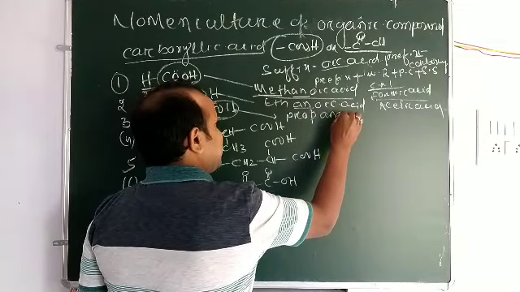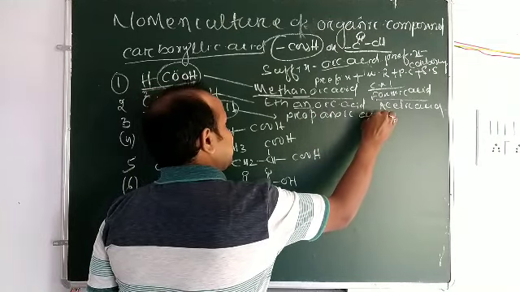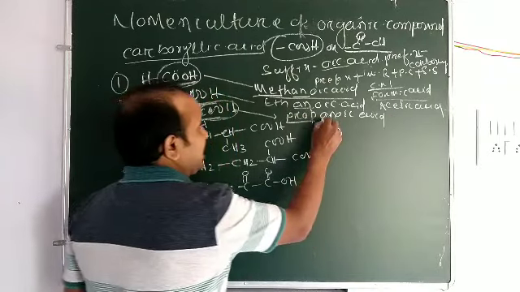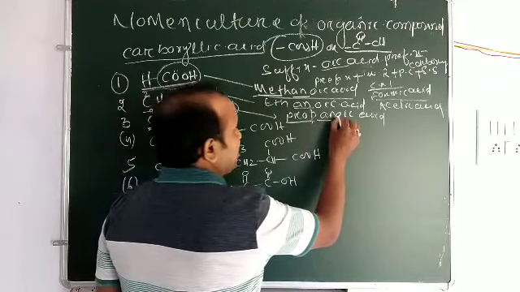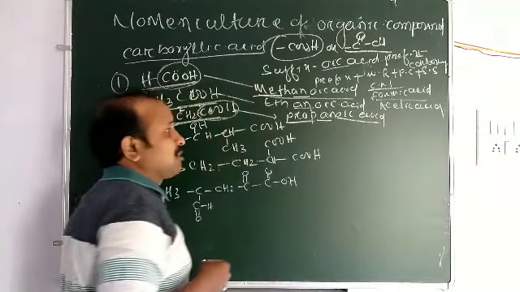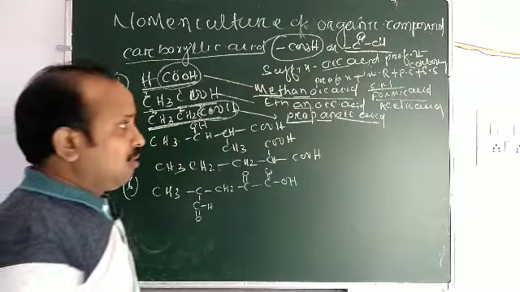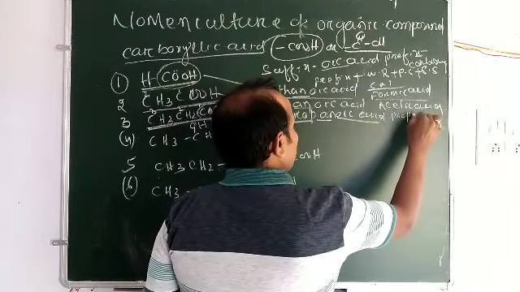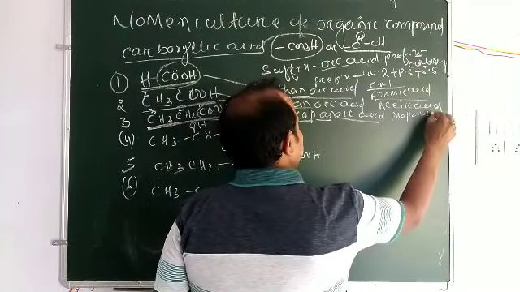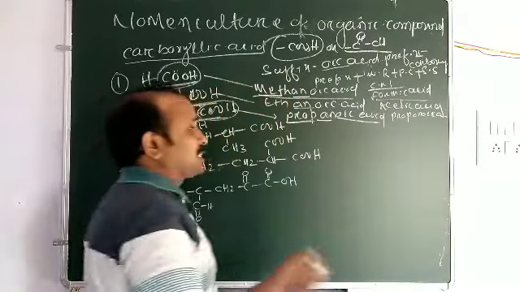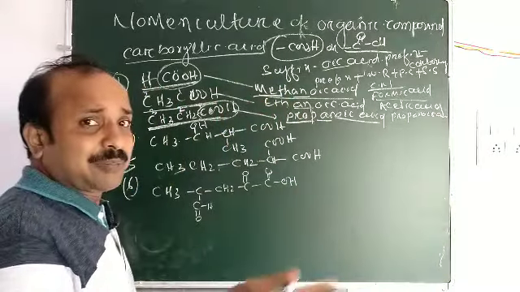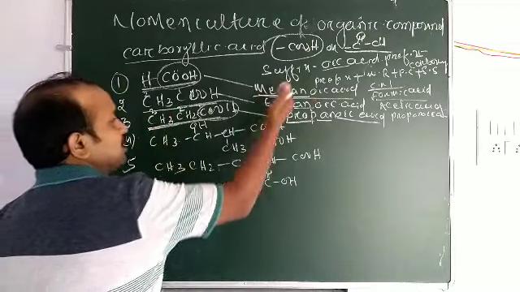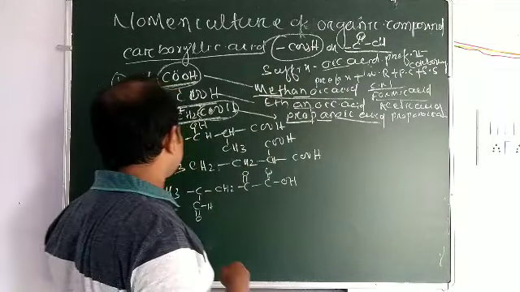Prop, AN, oic acid: prop is the word root, AN is the primary suffix, and oic acid is the secondary suffix. The name is propanoic acid. Like that, butanoic acid, pentanoic acid. When the number of carbons increases in this group, the naming should be like this.